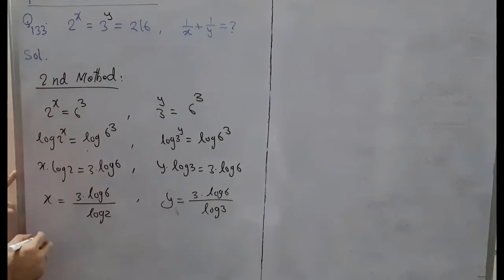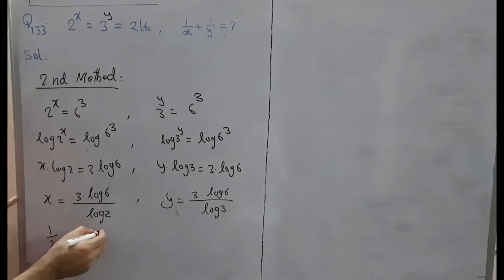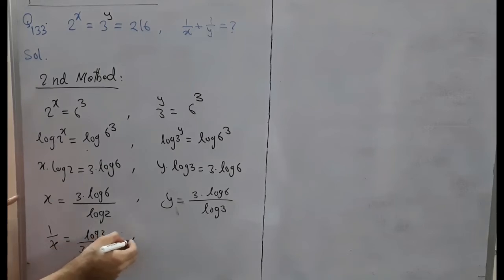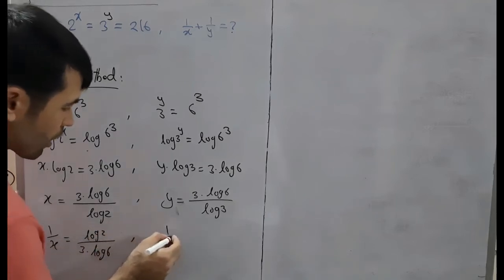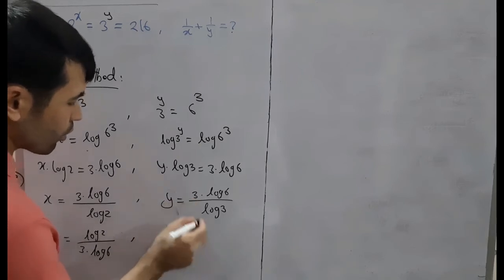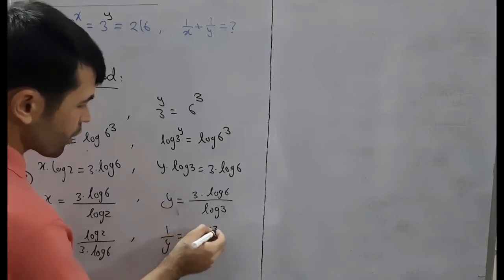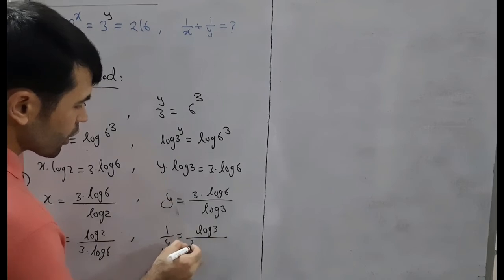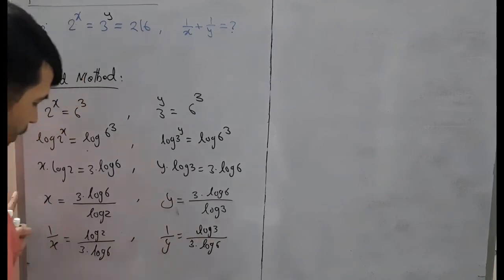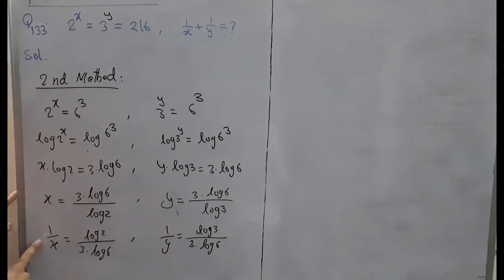Now if we take the reciprocal of both sides, we get 1 over x is equal to log 2 over 3 into log 6. Same thing here, 1 over y is equal to log 3 over 3 into log 6.